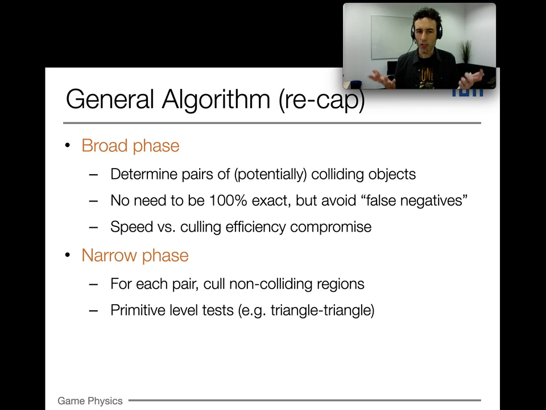It depends a bit on what primitives I have. I might also have ray and plane intersections to check for, or spheres. But for this narrow phase, it typically boils down to computing intersections of certain primitives.